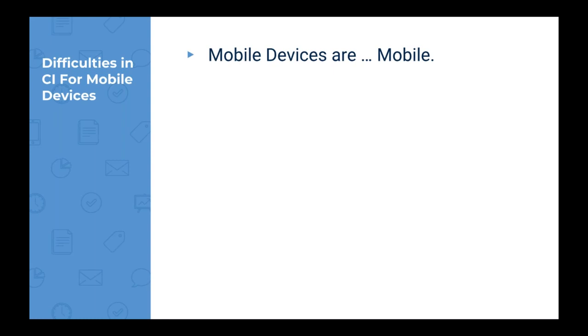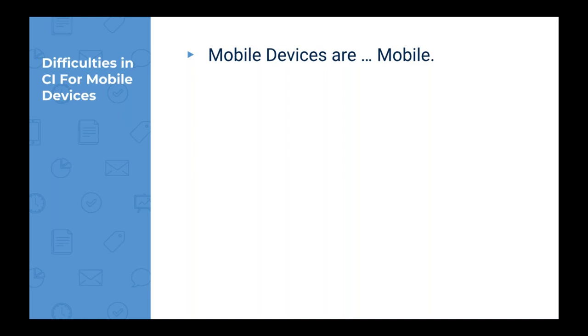So if you are a mobile developer, you have to make sure that the mobile device is connected to some of your build servers, and that all the versions and interoperability related stuff are taken care of, and different versions of operating systems like Android and iOS, and different combinations of screen sizes are all taken care of.